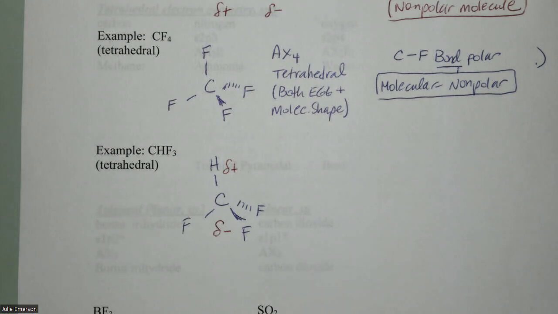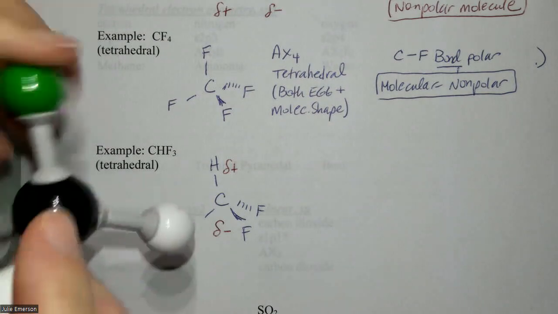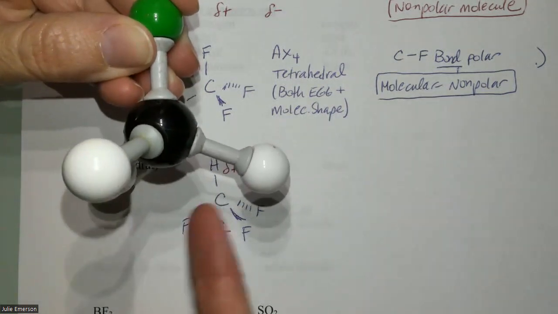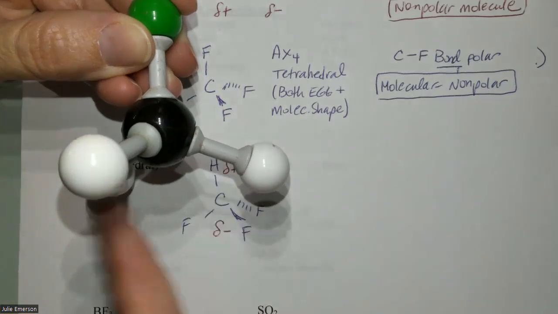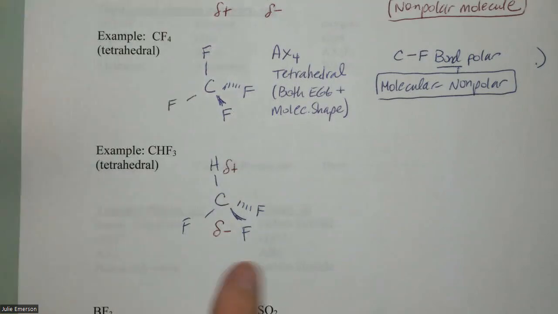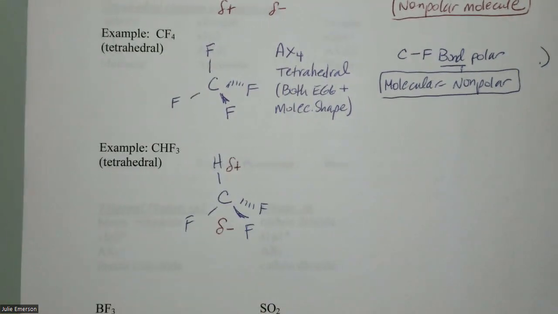So if I looked at the structure now, I'd have all of the electron density down here at the base with all those fluorines because they're so electronegative. They're pulling the electron density down here and the hydrogen's not pulling up. So overall, you would have a negative and a positive end.